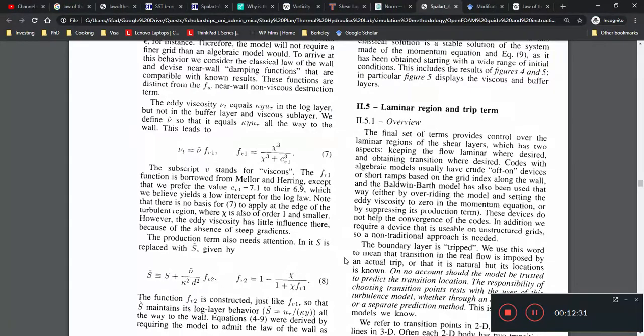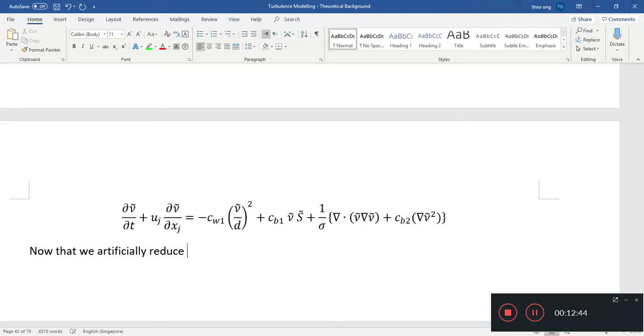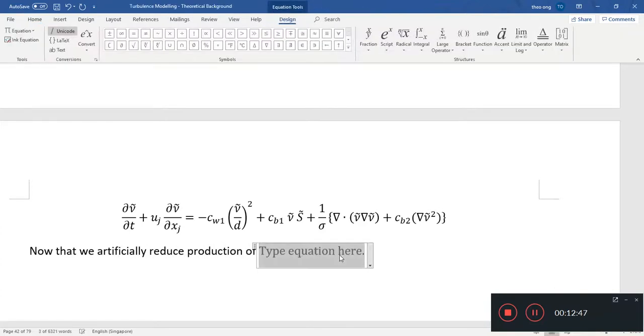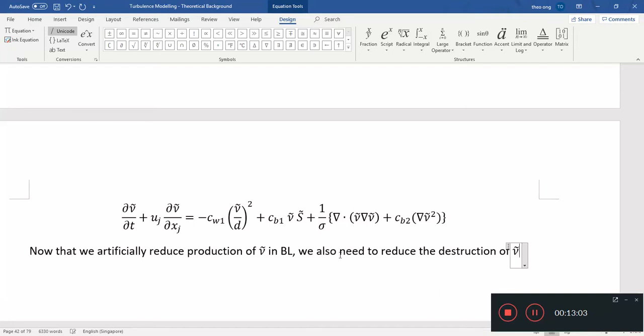Okay, next thing, to balance it out. Now that we artificially reduce production of nu tilde, not nu t anymore, in the boundary layer, we also need to reduce the destruction of nu tilde, which is the turbulence viscosity, in the log law region and the bulk layer.